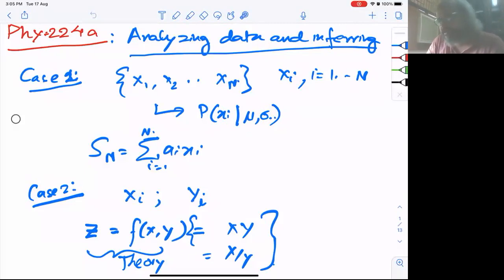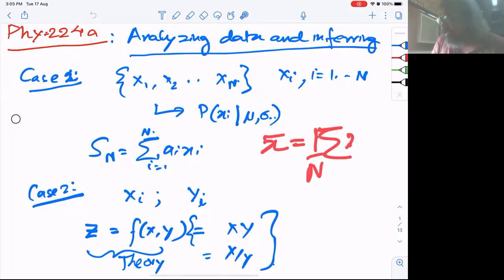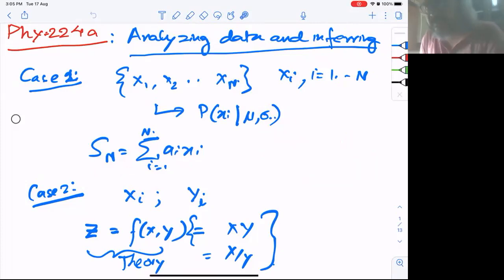We might also take the data points and do a weighted sum. This is something we do all the time. For example, last time we talked about calculating the mean, which is exactly a weighted sum of the n data points.